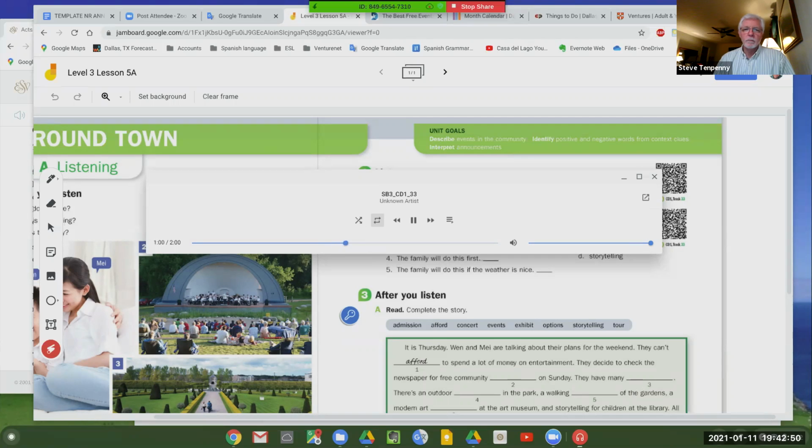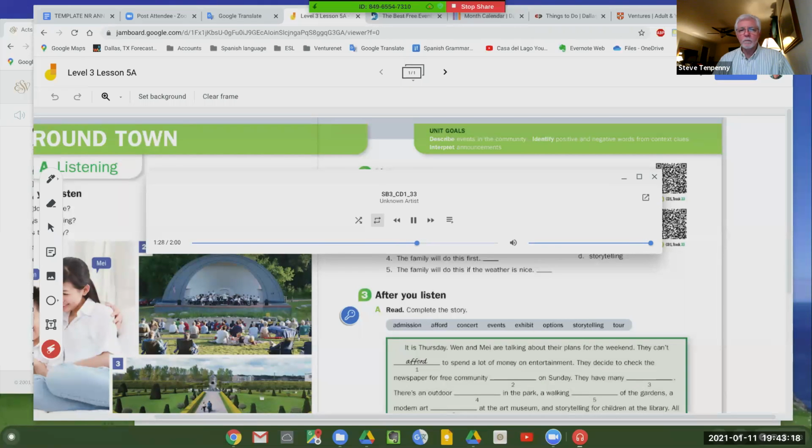There's a concert in the park on Sunday at noon. Admission is free. And here, look. There's a free walking tour of the gardens on Sunday at 11 o'clock. Here's another option, May. The Museum of Art is free the first Sunday of every month. There's an exhibit of modern art showing now. The museum opens at 10 a.m. Oh, and here's something at the library.